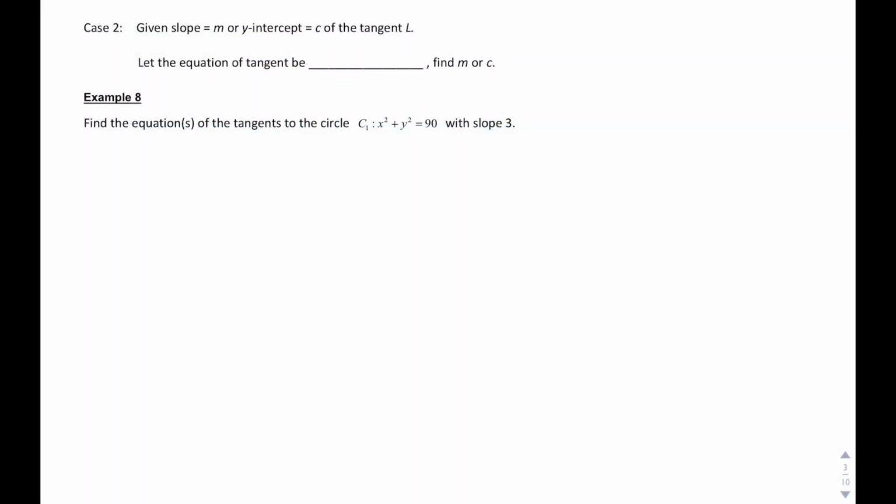Case 2. If you want to find the equation of a tangent to a circle, but the point of contact is not given. Instead, you have some information about the tangent L. Say, if you have the slope or the y-intercept of the tangent, then you can still find the equation of the tangent by setting up the equation of the tangent, or letting the equation of the tangent be y equals mx plus c.